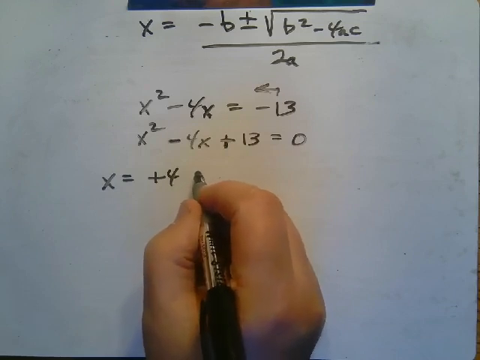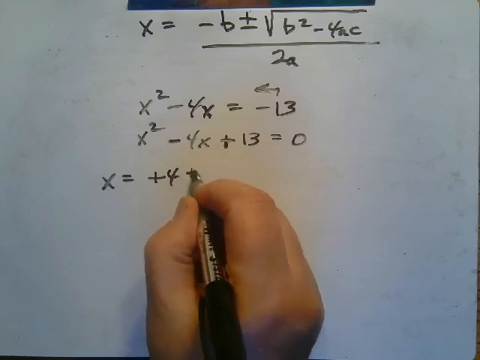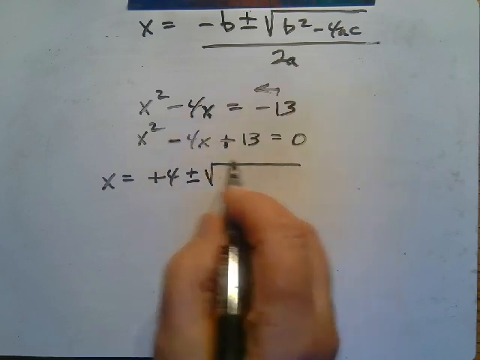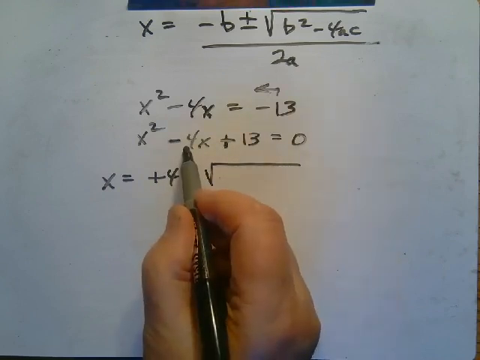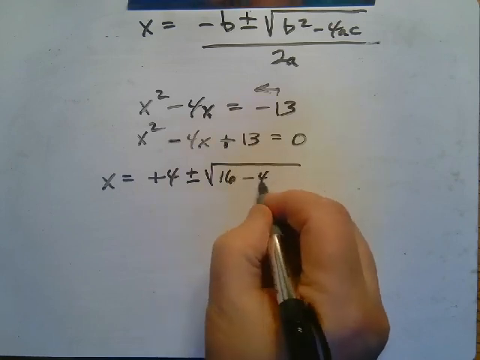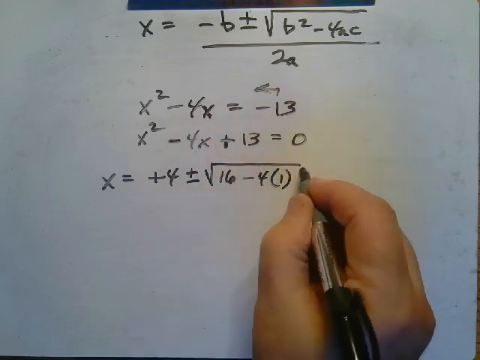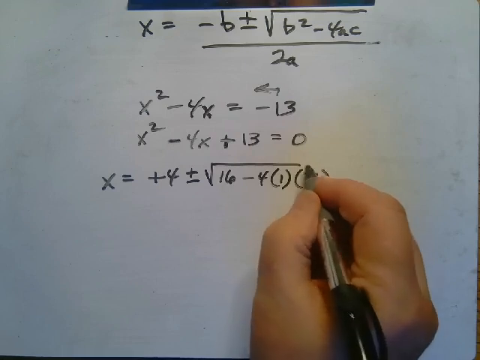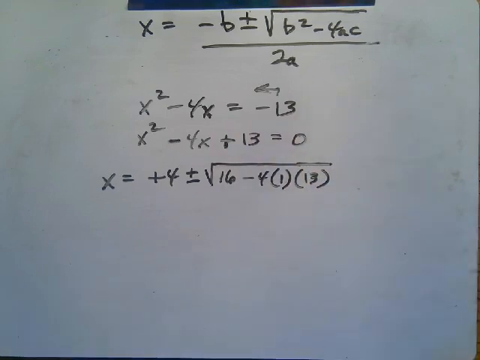Negative negative b, a negative b, okay, plus or minus the square root of b squared. Well, b is a negative 4, and I square that, I get 16, minus 4 times a, which is 1, times c, which is 13. By the way, I'm still using parentheses here. I recommend you do that.